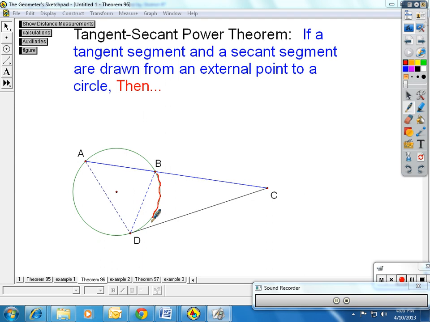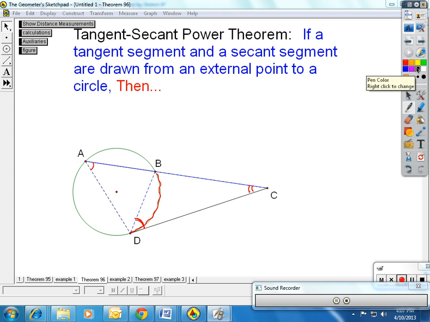Notice this arc is intercepted by this inscribed angle, and that same arc is intercepted by this tangent chord angle. So those are congruent. Furthermore, angle C is congruent to itself. So I have got two triangles. Do you see two similar triangles here?